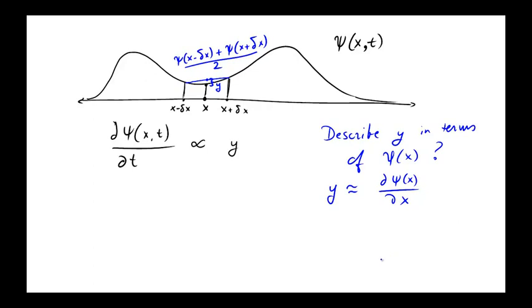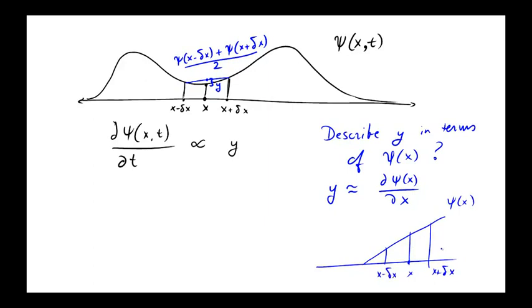Suppose that psi of x happened to look like a straight line in this region. So this is psi of x. There's x, and there's x plus delta x, x minus delta x.